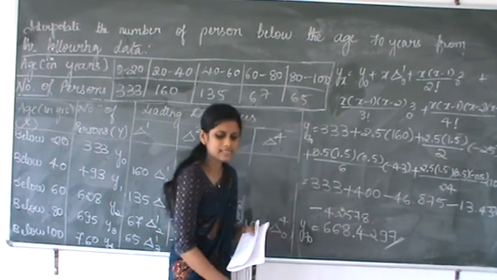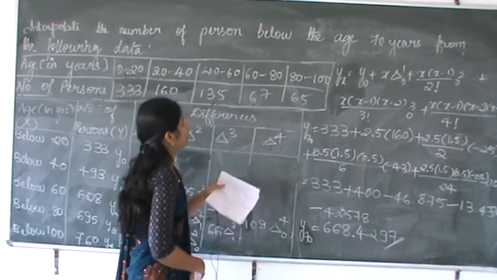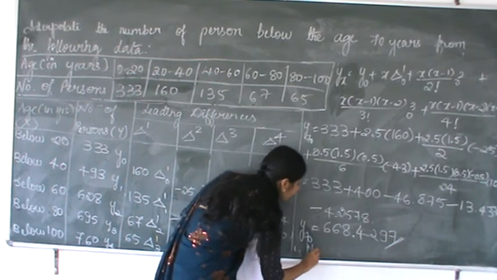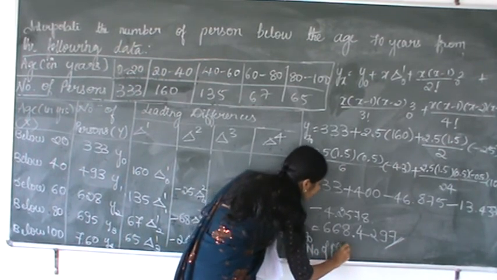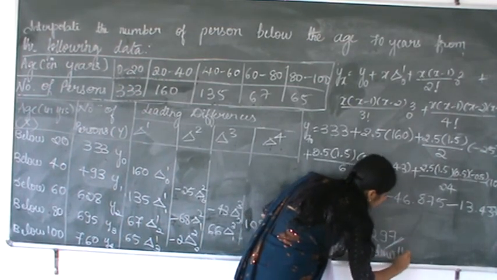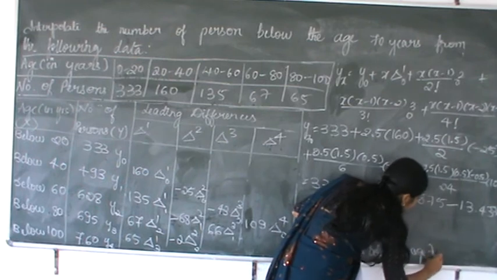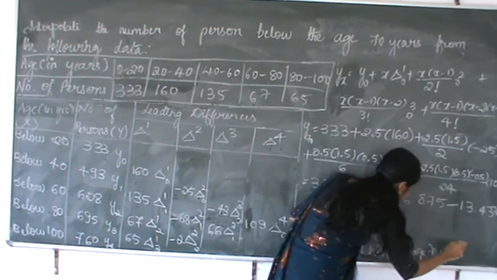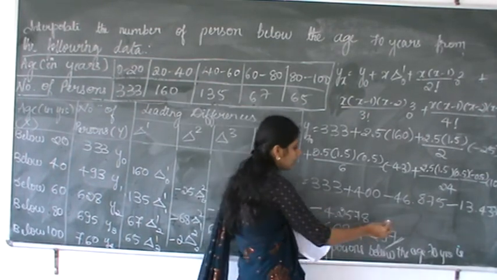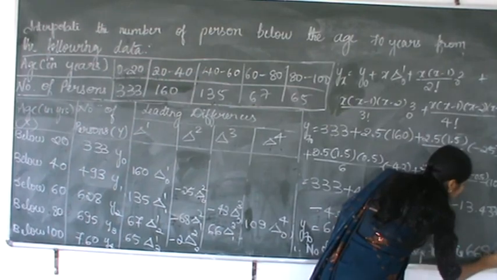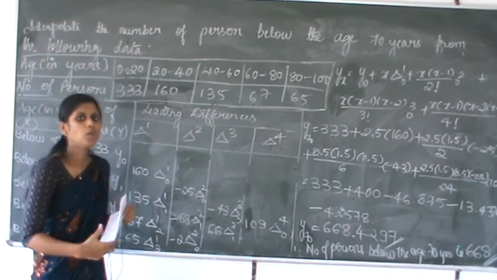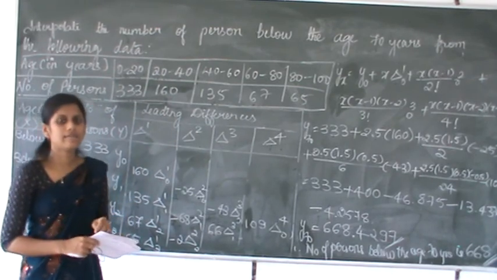So you can write that the number of persons below the age of 70 years is, rounding off, since 0.4 is not greater than 5, 668. So there are 668 people who are below the age of 70 years.